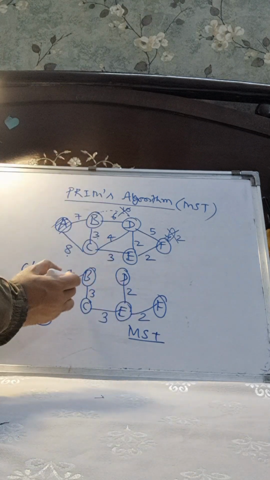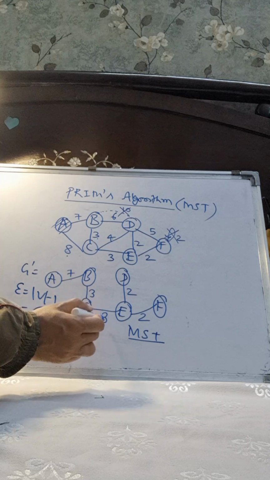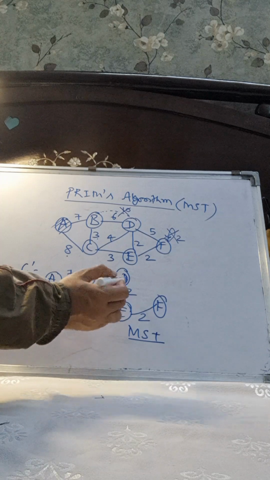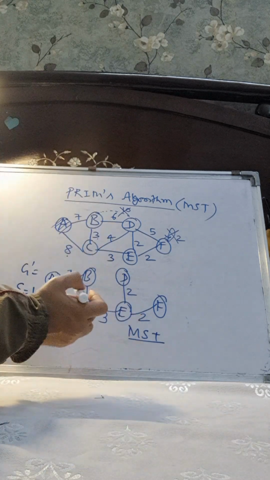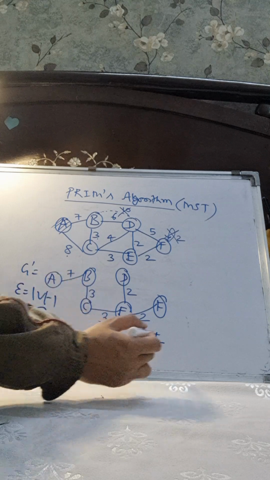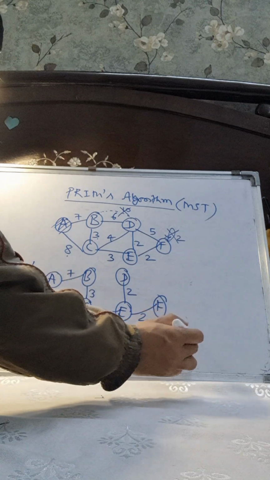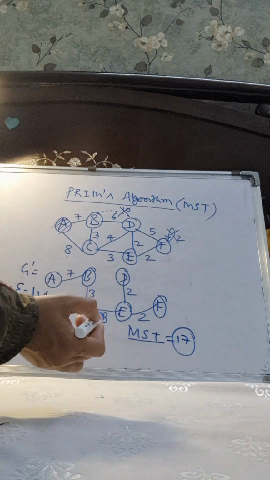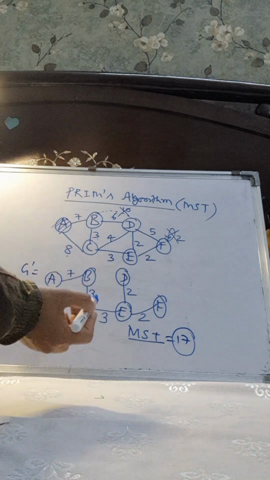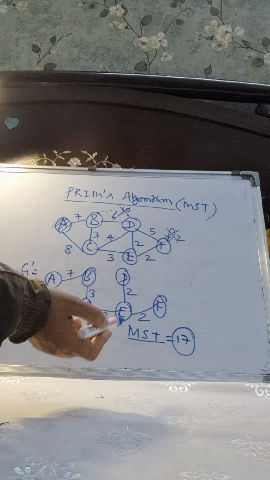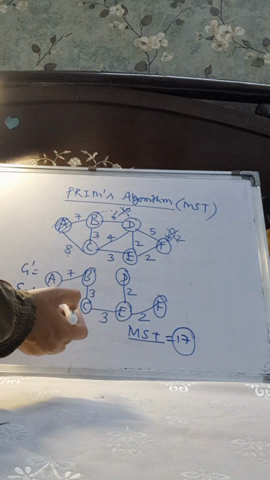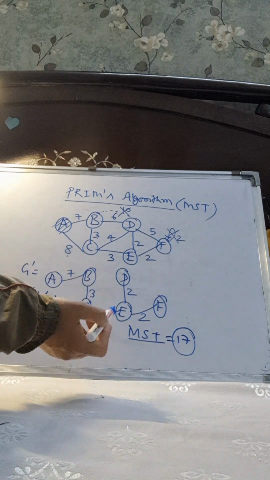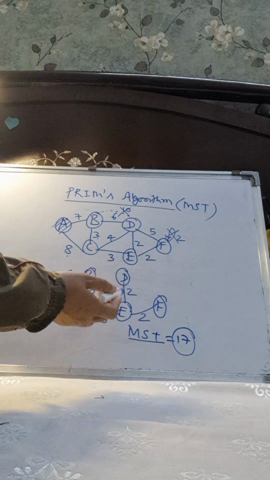And what is the total cost here? 7 plus 3 plus 3 is 13, then 15, then 17. So 17 is the MST we have got for this problem by using Prim's algorithm. Even if you follow Kruskal's algorithm, your answer will be the same: 17.